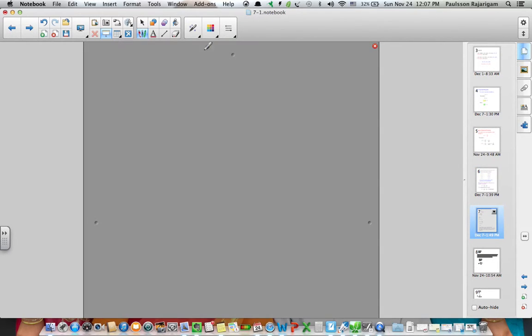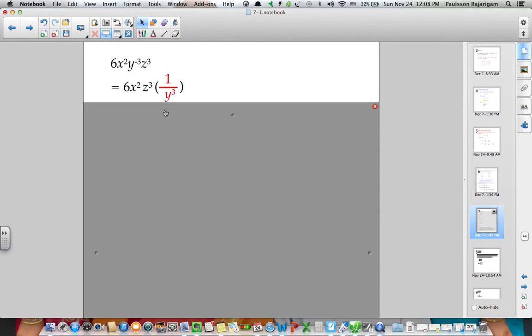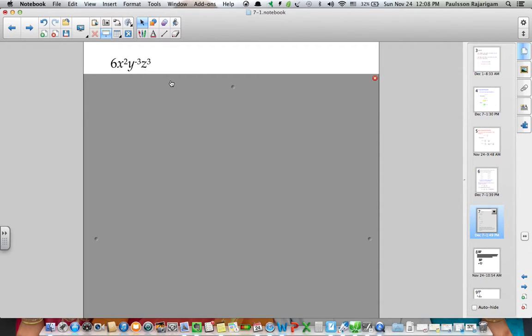Okay, let's simplify some expressions. So I have 6x squared y to the power of negative 3 z cubed. Now, the only thing that needs to be changed here is y to the power of negative 3.